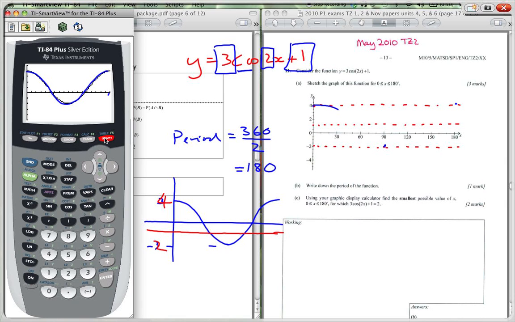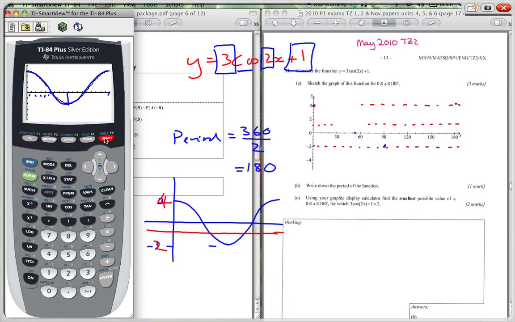It's going to come down. It's going to cross just after 50. This is 180, so it's going to cross just after 50. So I need to go down more. Let me just redraw this a bit. It's going to go through there just after 50, and it's going to go through here.